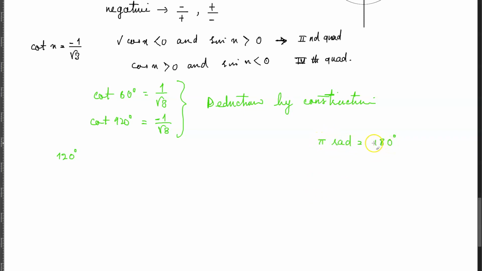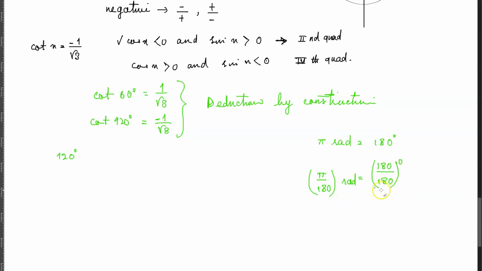So now what is 1 degree? 1 degree is the same thing as, if I divide 180 by 180 in degrees, pi divided by 180 in radians, right?